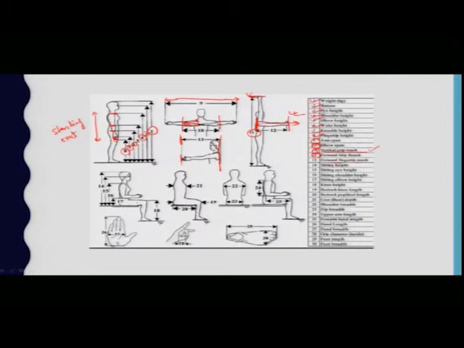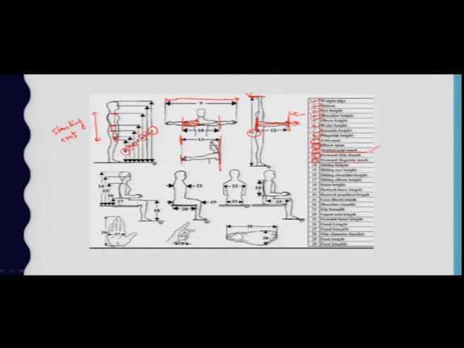So this point to this point is known as vertical grip reach. As far as forward grip reach is concerned, if you are not extending your fingers, only extending your hand, then up to the limit your hand is going is your forward grip reach.